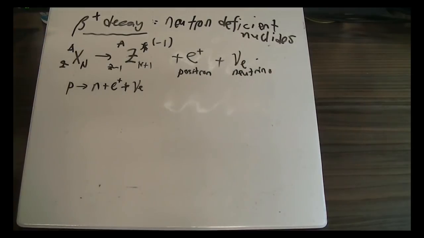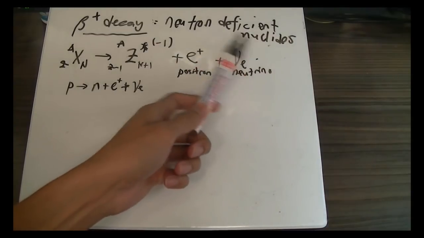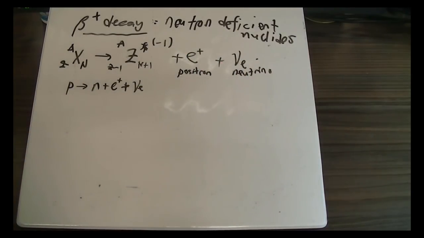Because the parent nuclides are deficient in neutrons, they have to increase the number of neutrons by sacrificing their protons.